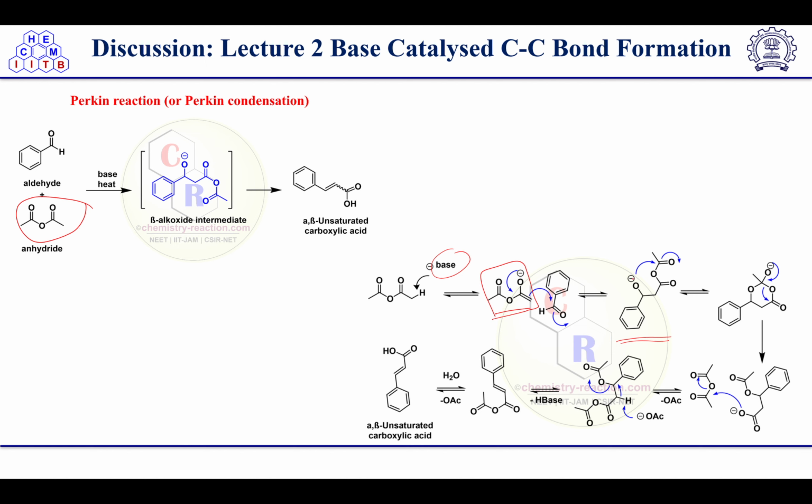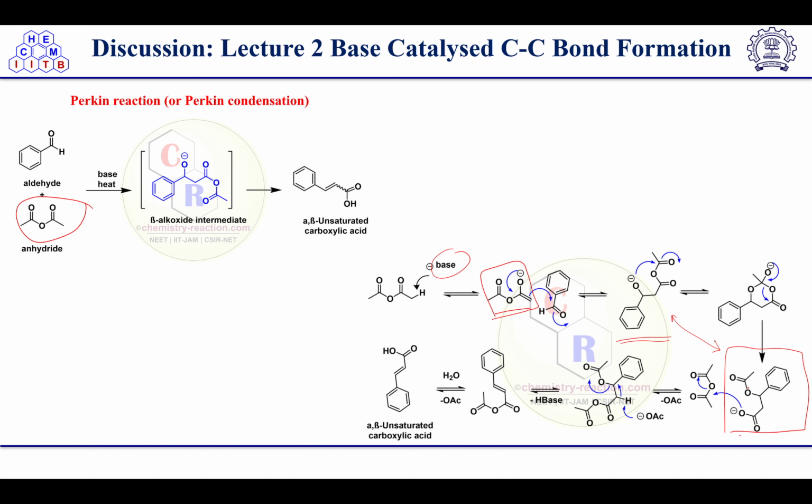So this O minus will attack a carbonyl center and it will open up. Then this tetrahedral intermediate will further give the desired product: this negative charge will attack back here and this bond will break, and it will give the intermediate which will look like an acetate transfer reaction.